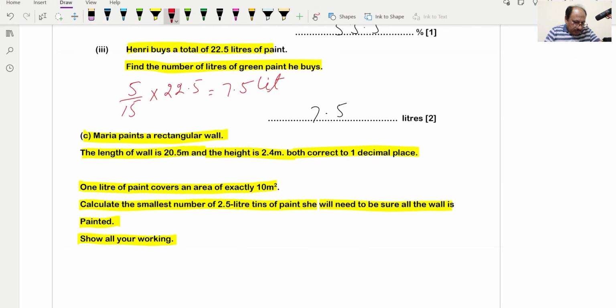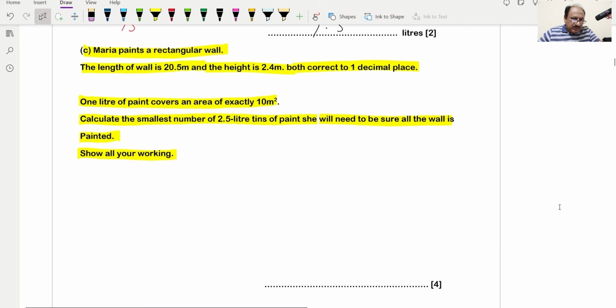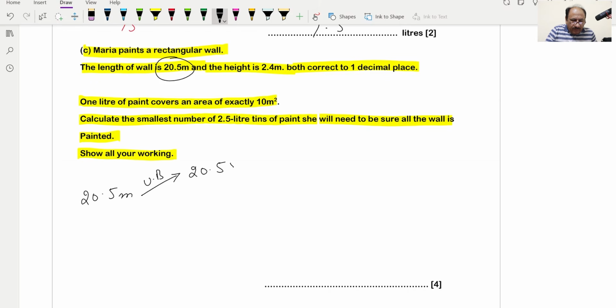For this one, we know that the values are rounded to 1 decimal place, so we will write the upper bound and lower bound of the numbers provided. For 20.5 meters, the upper bound is 20.55 and the lower bound is 20.45.